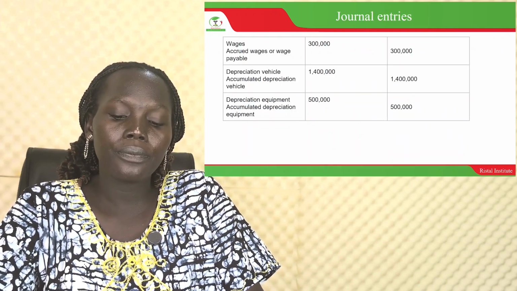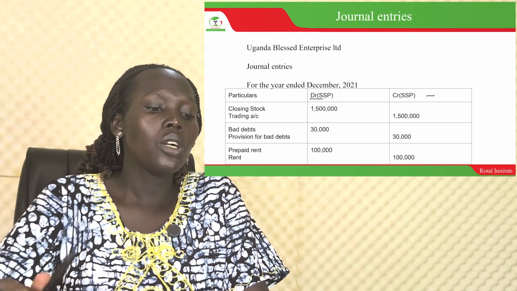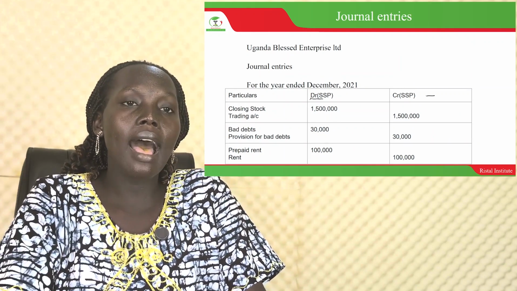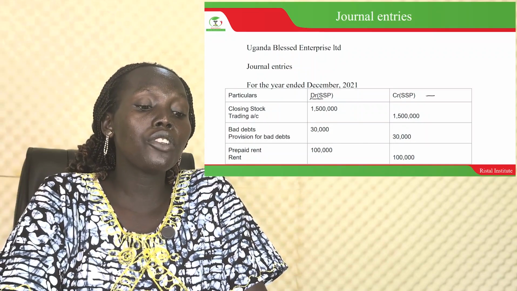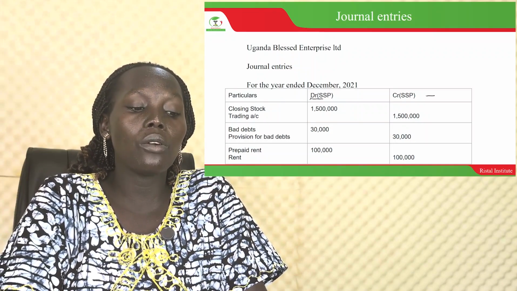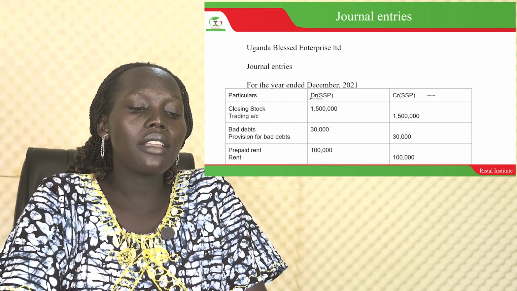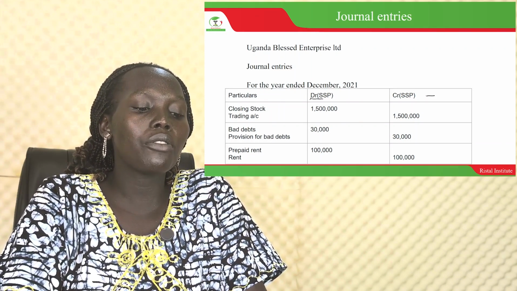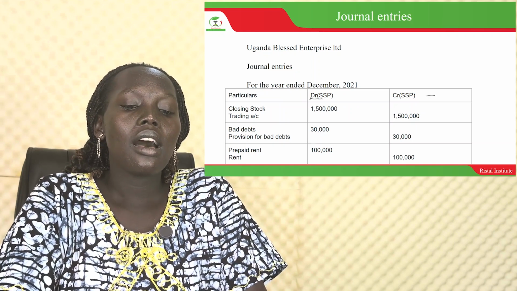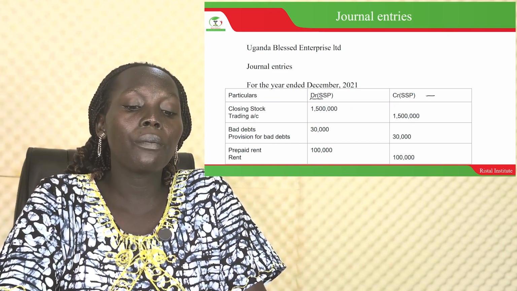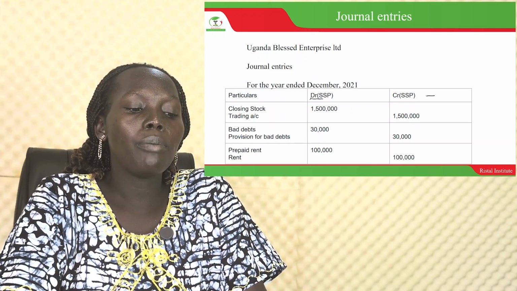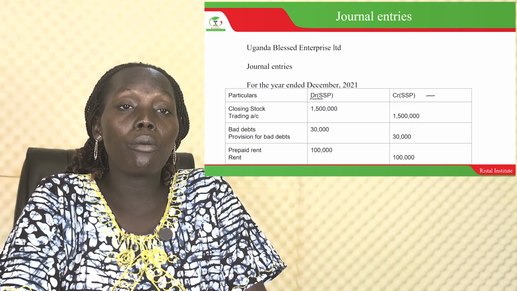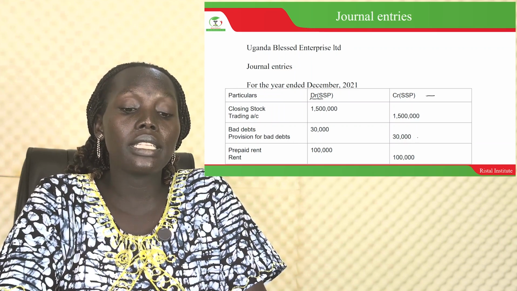So in our journal entry, we shall get the bad debts as 30,000 SSP, and then the provision for bad debts, because there are two accounts. Bad debts is receiving, which we debit, and the provision for bad debts is getting the provision, so that's why we credit it.